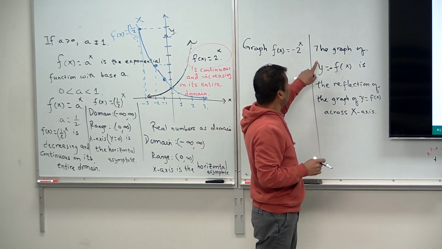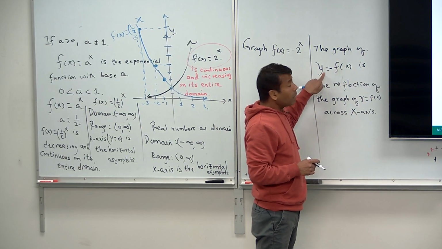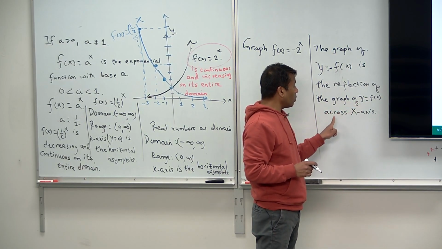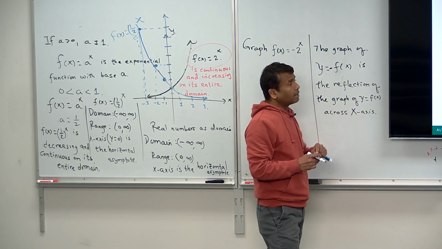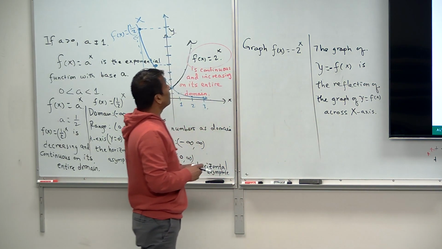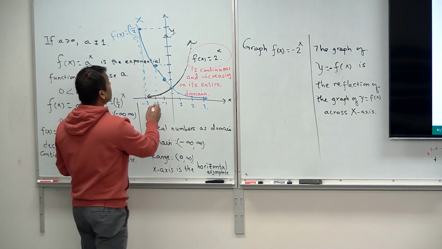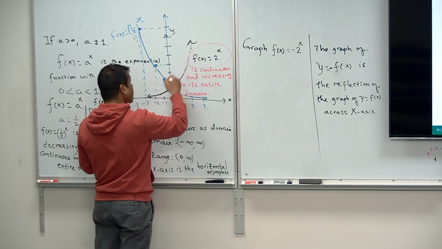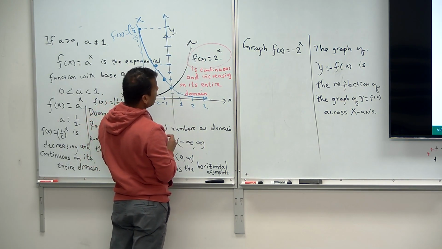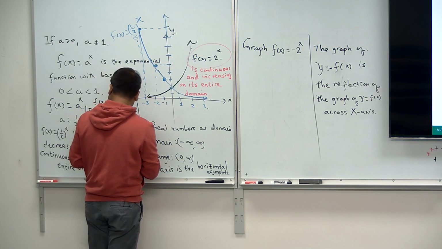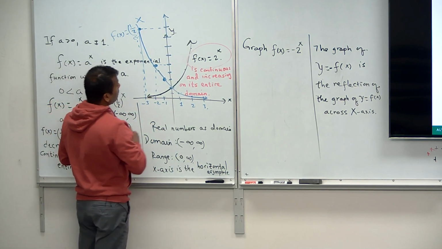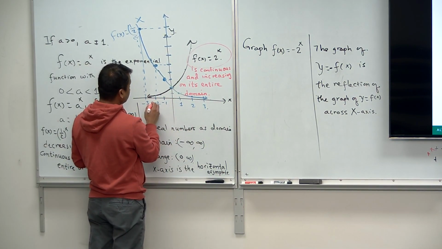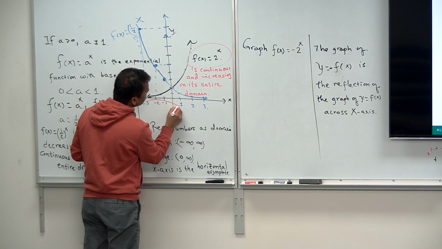The graph of y equal to negative f(x) is the reflection of the graph of y equal to f(x) across x-axis. So now you see this is the graph of the function f(x) equal to 2 to the power x, the black one, right? If you reflect that across x-axis, you'll have a graph like this, guys.